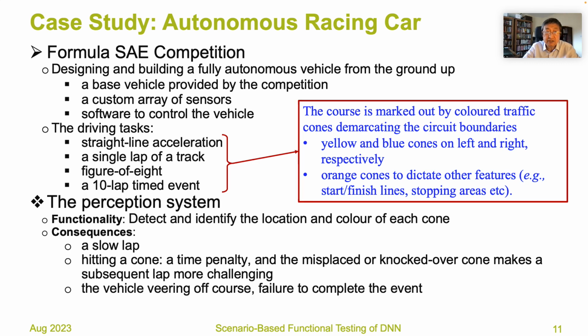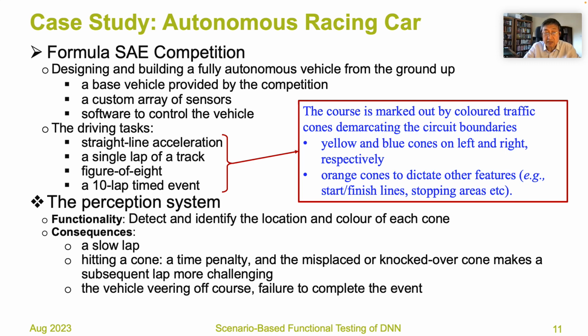The competition consists of static events and dynamic events. It is to design and build a fully autonomous vehicle from the ground up using a base vehicle provided by the competition organizer. We can have a custom array of sensors and develop the software to control the vehicle.